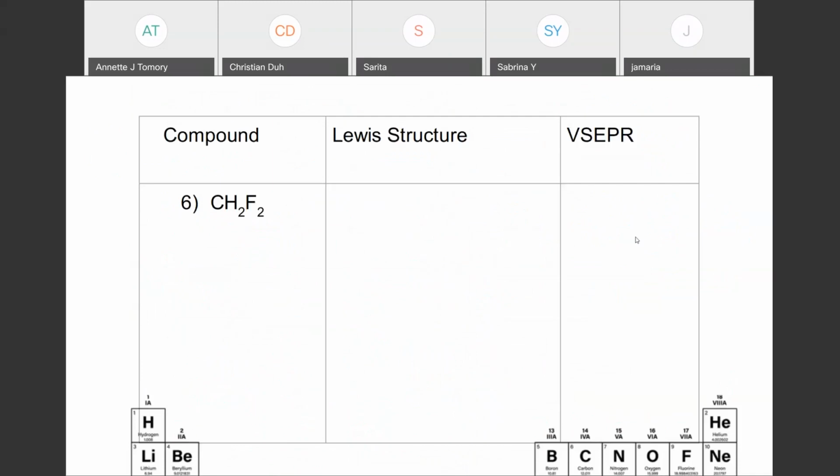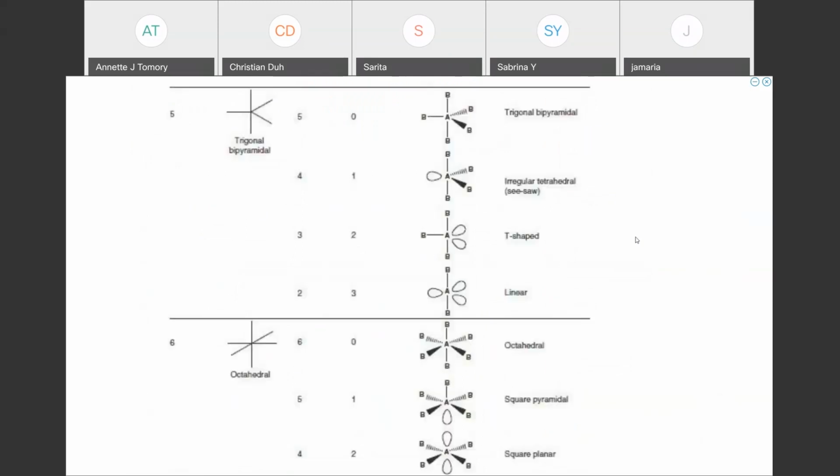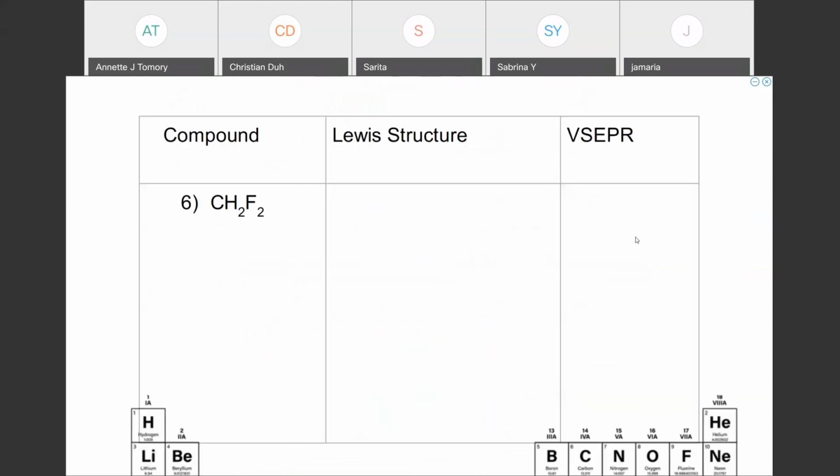When you're looking at this chart, instead of saying bonding pairs, you could probably say atoms connected. It's really how many things are coming off of it and the lone pairs. You guys want to try another one, or do you want to do it on your own? Why don't you try doing it on your own, and then we'll come back together.